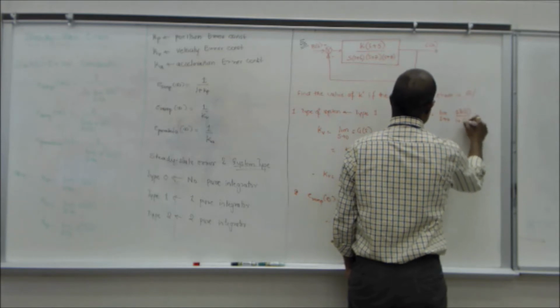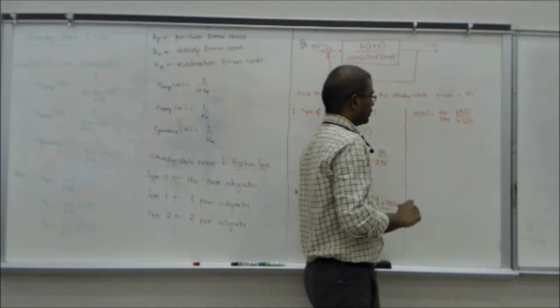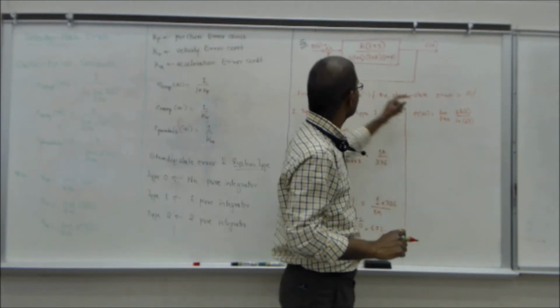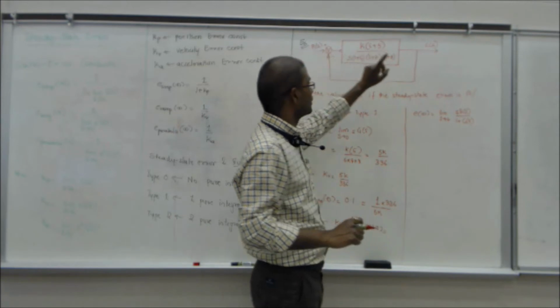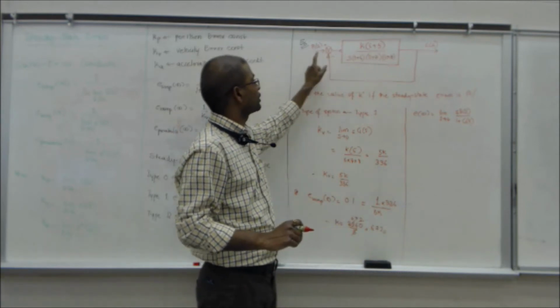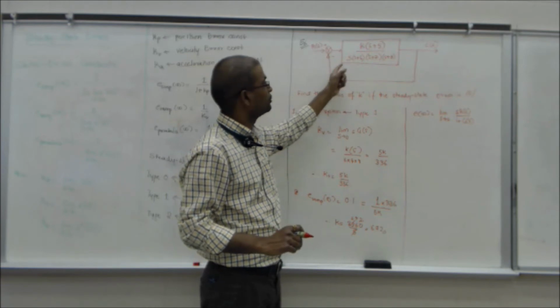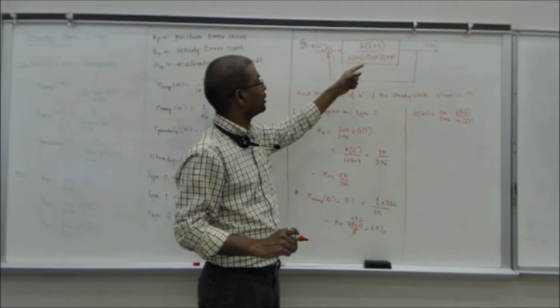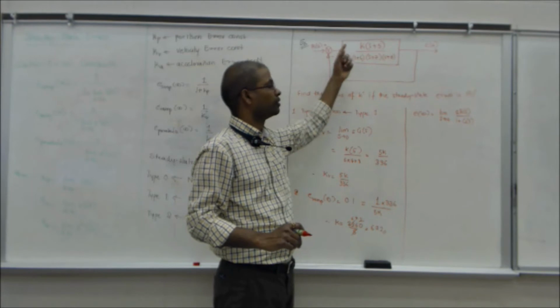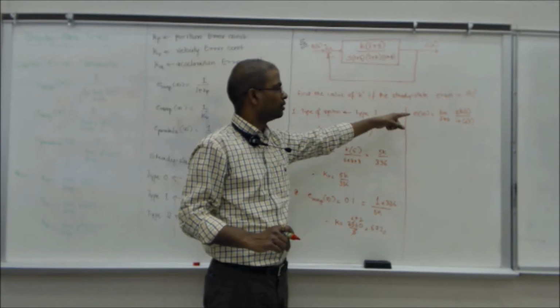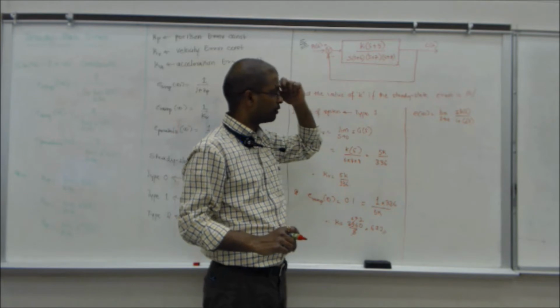You can go a step behind this as well by looking at the error signal. Error signal is R of s minus C of s, and then you just have to express C of s in terms of G of s, and then equate. You set the limit of s equal to 0.